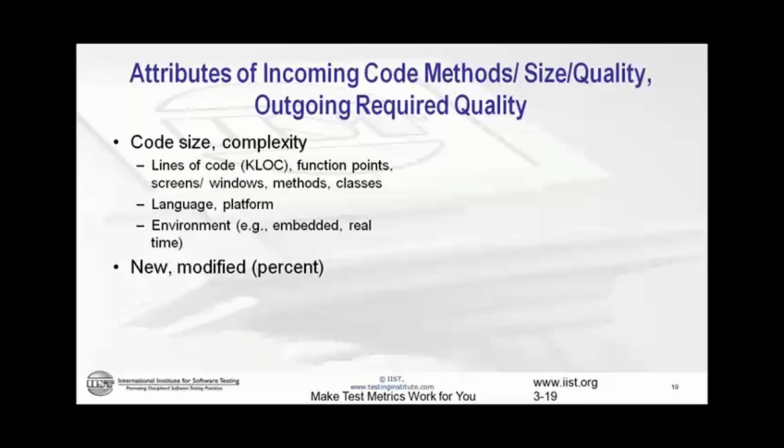We tend to find that modifying code, which is what happens in maintenance, tends to create a much higher incidence of defects than code that's being written for the first time. The defect density. How many defects are we actually catching relative to a measure of size of the code?